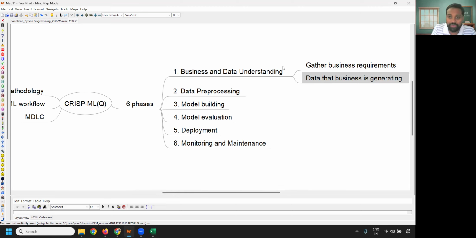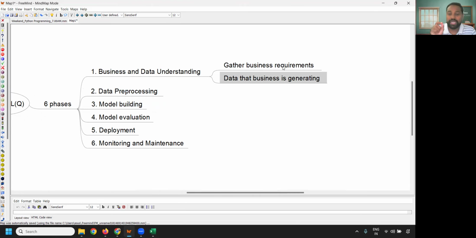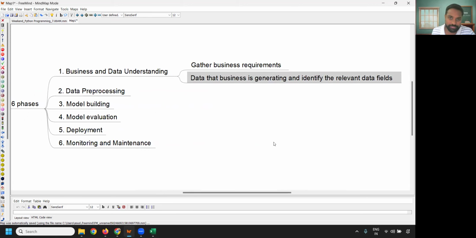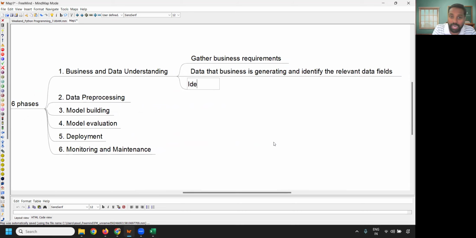So we will have to understand all the data that business is generating and identify the relevant data fields. Then identify the source of these data fields that we have identified.